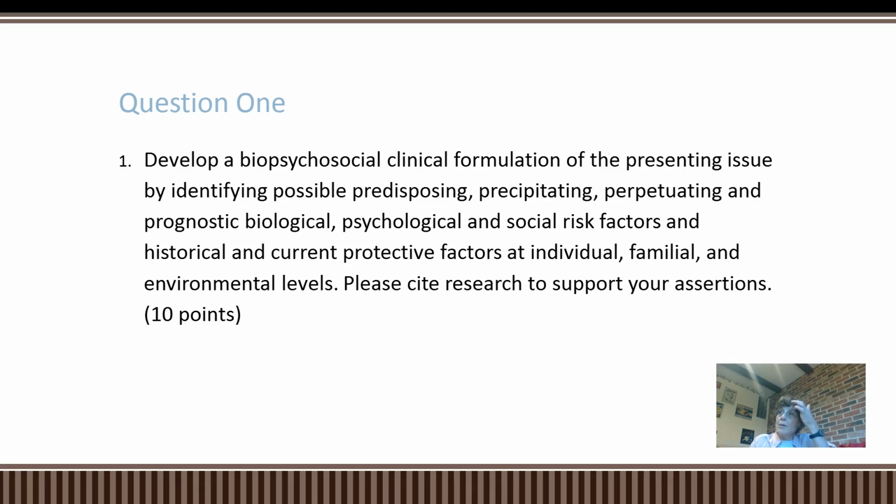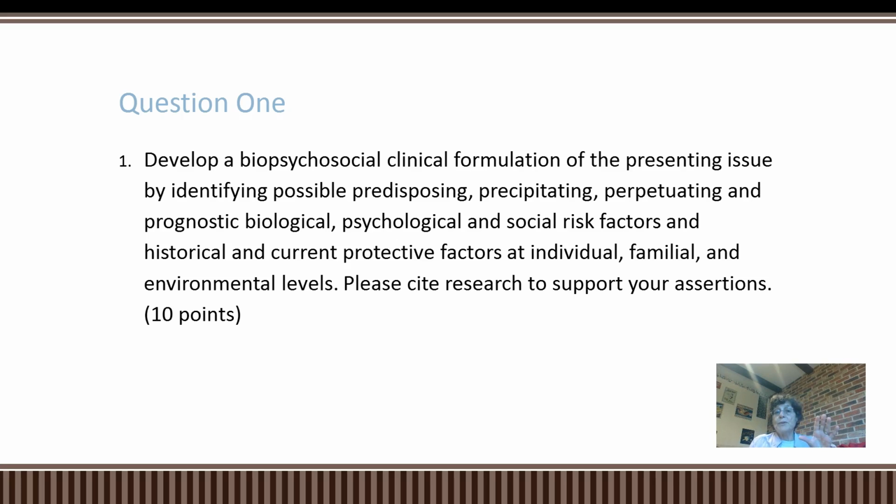The question itself asks you to develop a biopsychosocial clinical formulation of the presenting issue. And I'm asking you to do that by identifying the predisposing, precipitating, perpetuating, and prognostic factors.